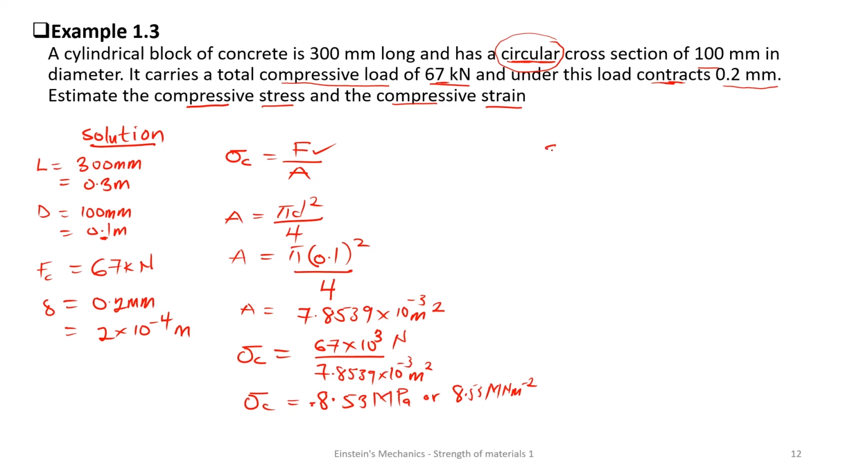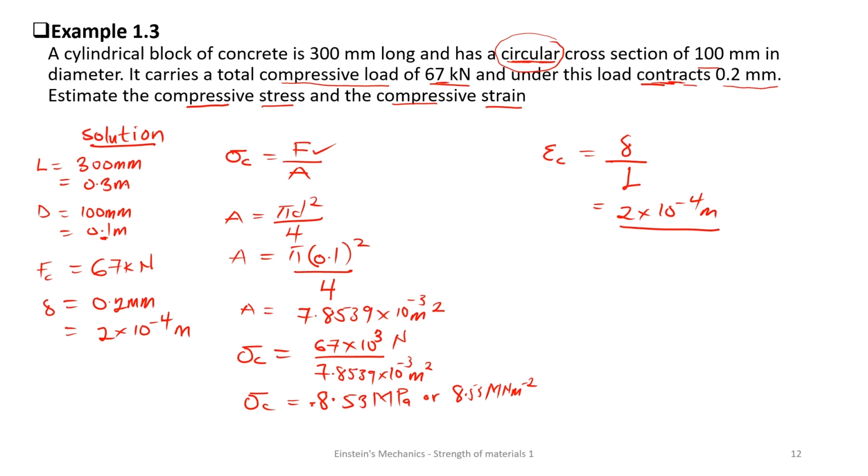We know that compressive strain is the elongation over the original length. From the question, we can see the elongation here. It either increases or contracts. We assume it to be the elongation, the change in the length. It contracts by 0.2 millimeters, which we made 2 times 10 to the -4 meters.